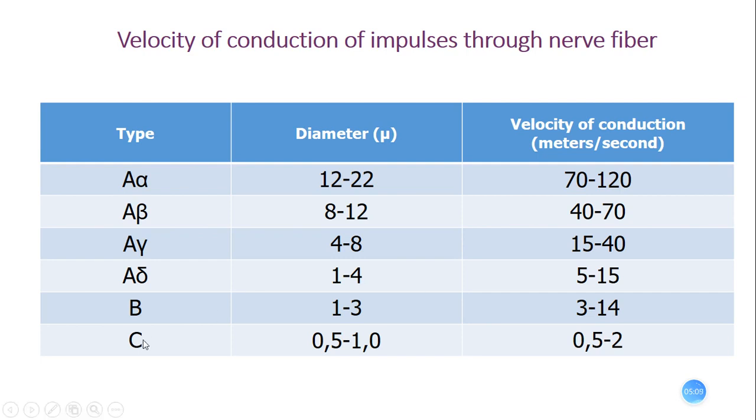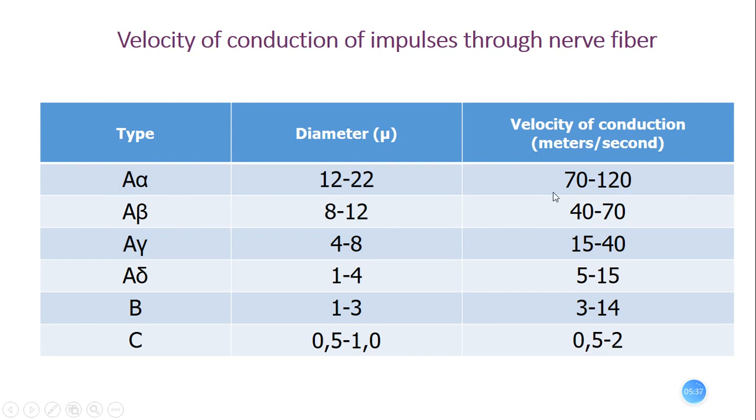And you know, type C nerve fiber normally is postganglionic nerve fiber, and it's unmyelinated. And type B is the type of preganglionic autonomic nerve fiber, and again it's myelinated. And all of the A types are myelinated, and normally A alpha is sensory.